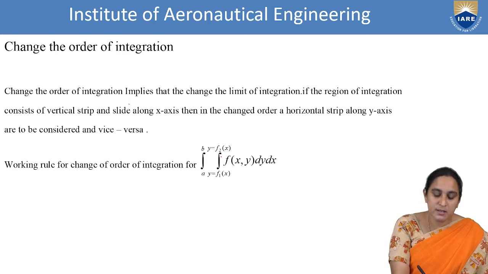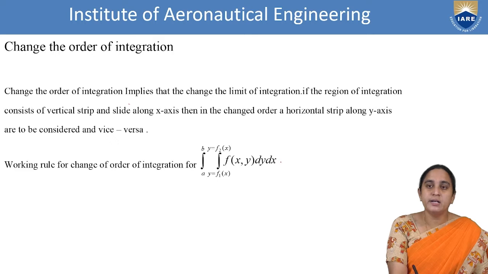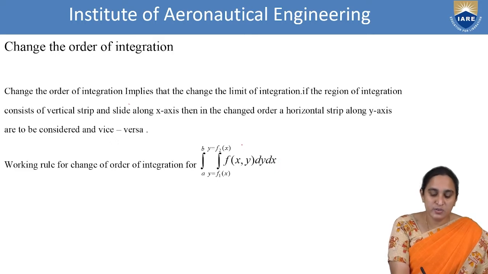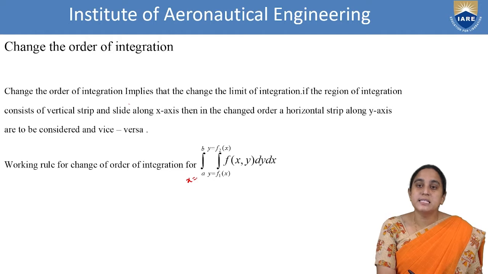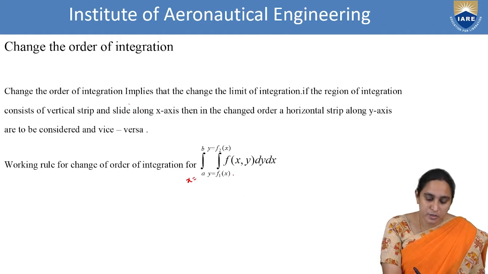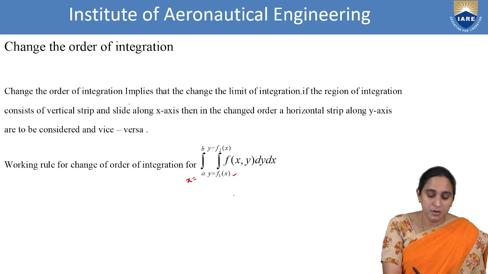Take the integral from a to b, integral of y from f1 of x to f2 of x, f of x y dy dx. Observe here that the x limit points are fixed, and the y limit points are f1 of x to f2 of x.